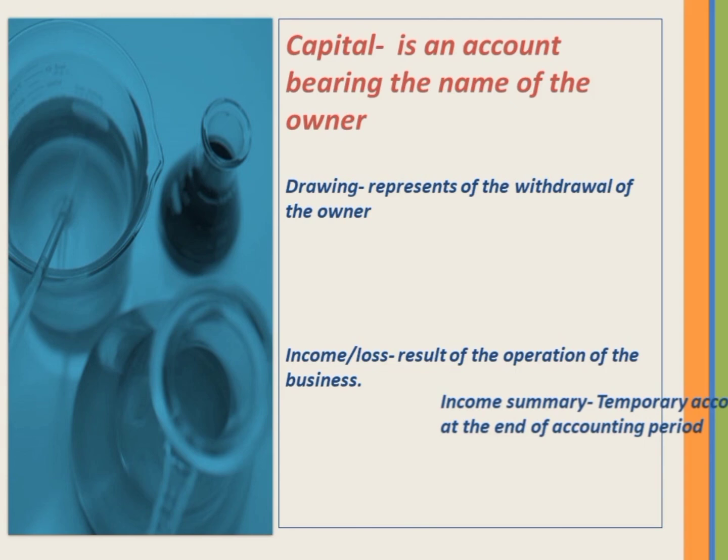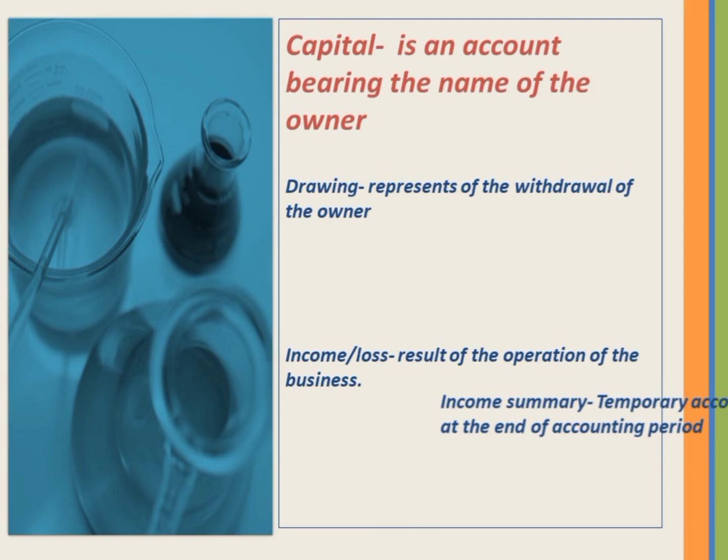For income summary, this is a temporary account we usually use at the end of the accounting period when we are closing the nominal accounts. Then the income summary will be transferred to capital. There will be another discussion for closing nominal accounts. Income or loss for the year is the result of the operation of the business.